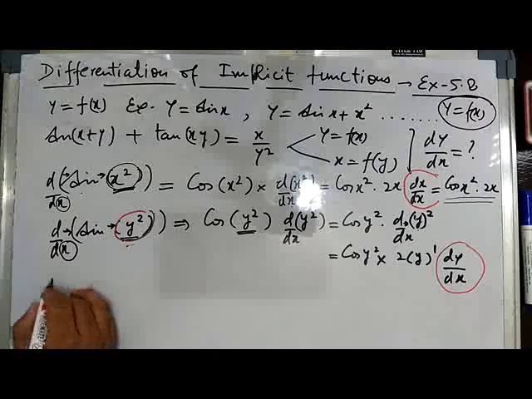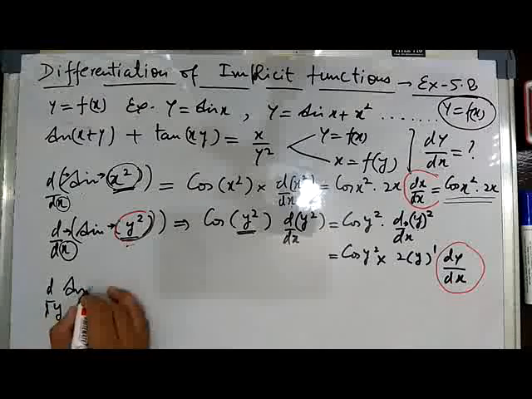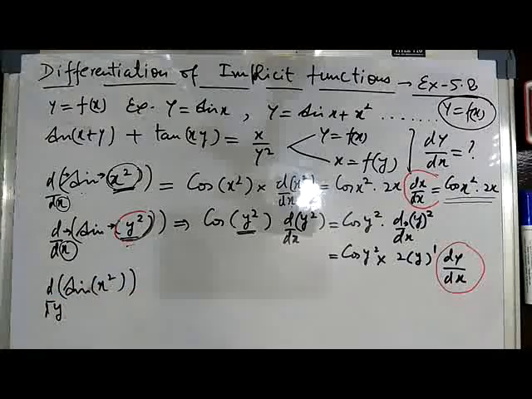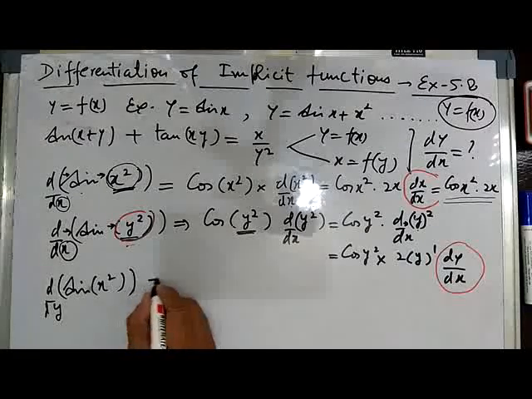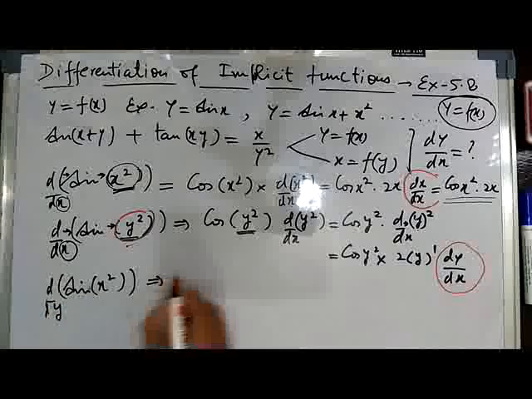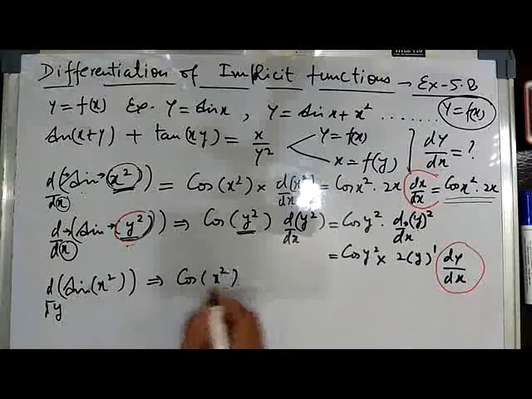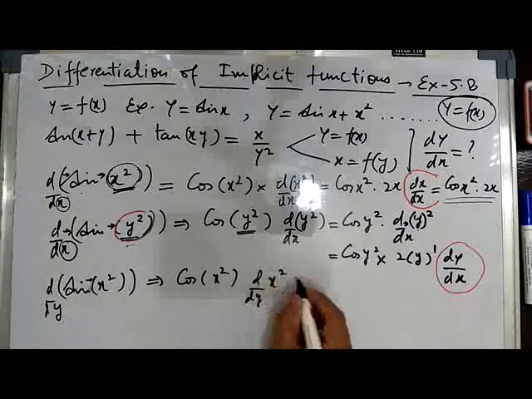In the same way, if I write d dy of sine x square, when you start differentiation by the chain rule, it is cos x square, then you reach here d dy of x square.